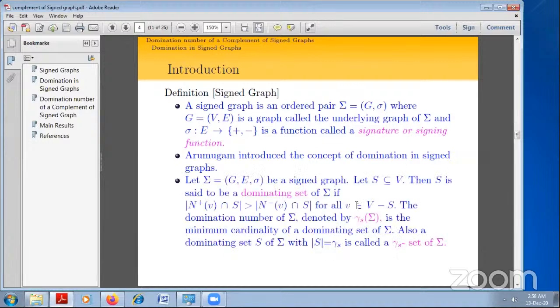This is the definition of domination in a signed graph. Let Σ be a signed graph and S a subset of V(Σ).